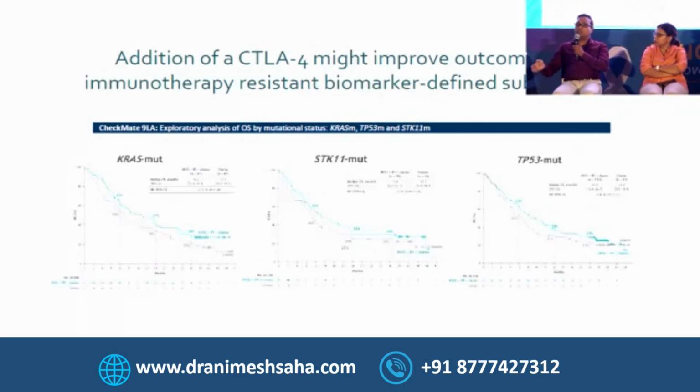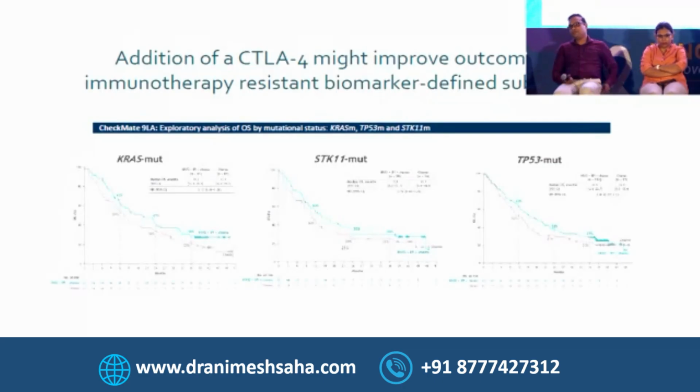And if we can add CTLA-4, even the Durva and Tremelimumab trial, I am coming to that. They have shown, even in 9LA and CheckMate 227, on subgroup analysis, that CTLA-4 addition has improved survival in these subgroups.